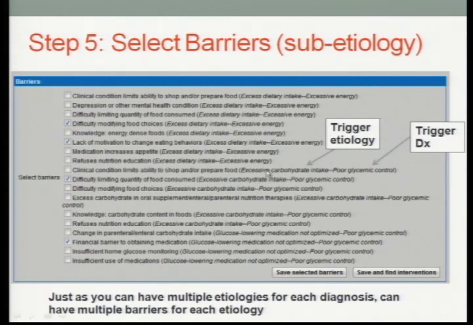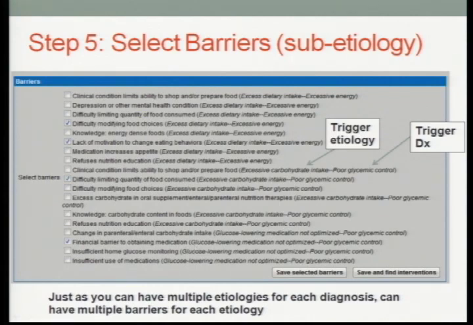And you can see the history behind in italics, and all the different barriers that you can think through. Are these things preventing my patient from being successful nutritionally? Is it difficulty limiting quantity of food consumed, lack of motivation, difficulty modifying food choices, financial barrier to obtaining their medicine?